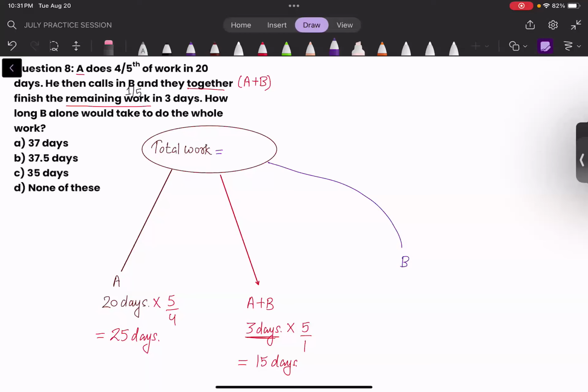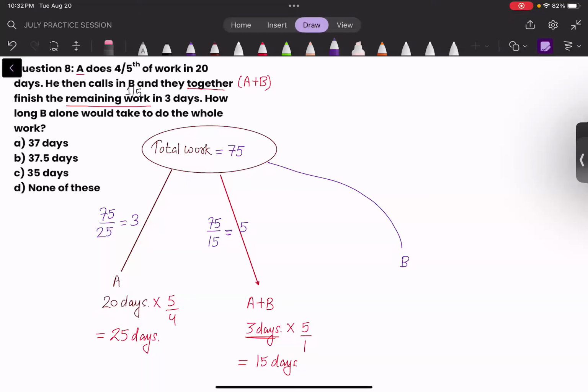25, 15, 150 or 75 also you can take. Okay. So 75 I am taking. 150 also correct. So work rate of A, how much? Work rate of A. 75 by 25, that is 3. Work rate of A plus B, 75 by 15, that is 5.